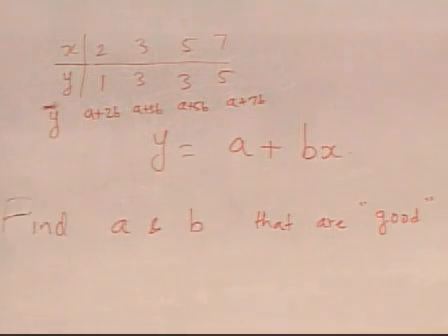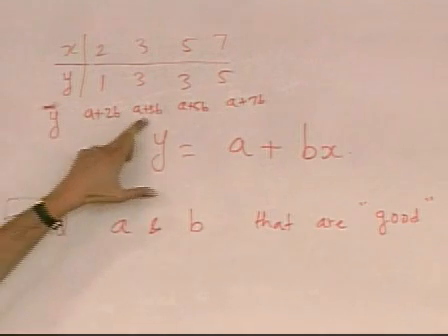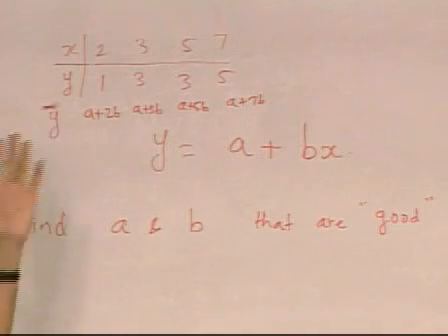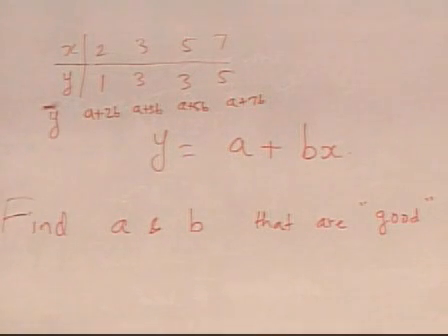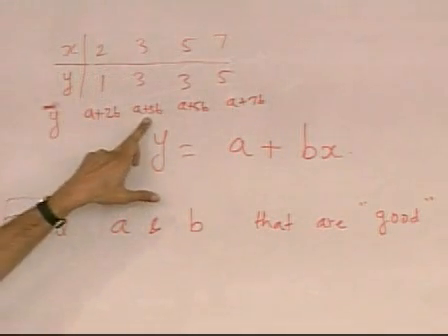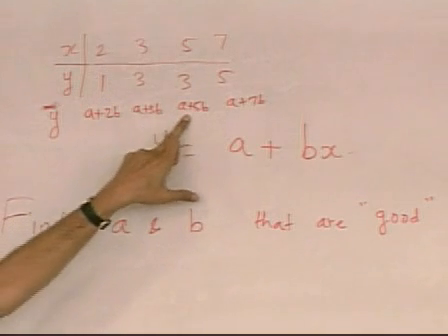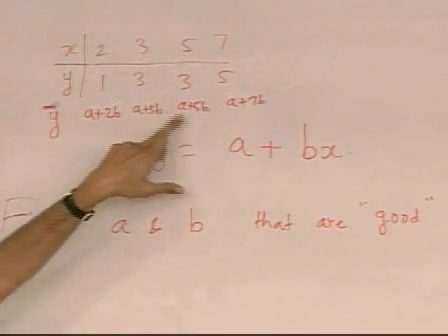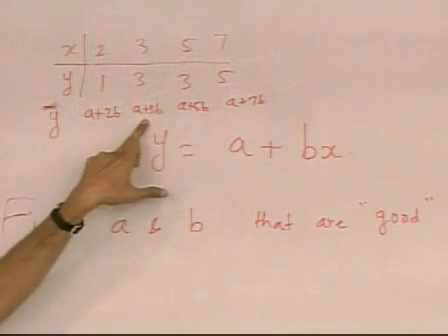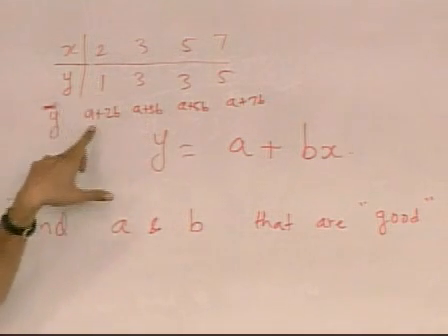And if somehow magically I get 1, 3, 3, and 5, then you can't beat that, right? But of course, you're not going to be able to get 1, 3, 3, 5. So for instance, this is A plus 3B, and this is A plus 5B. For both of these to be the same, B has to be 0. But if B is 0, then A has to be 3, and you get something different here.